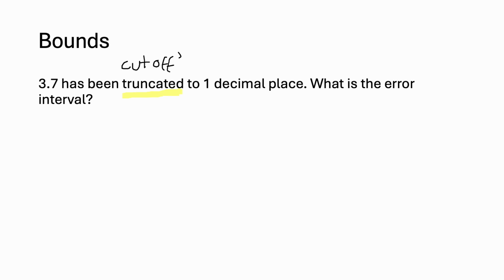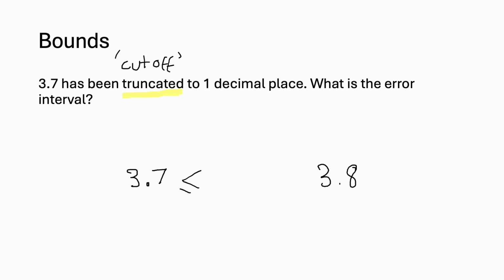So if we use the idea of it being cut off, that means that our range of values for this to be truncated to 3.7 to 1 decimal place means that our number can be 3.7, but it has to be less than 3.8.